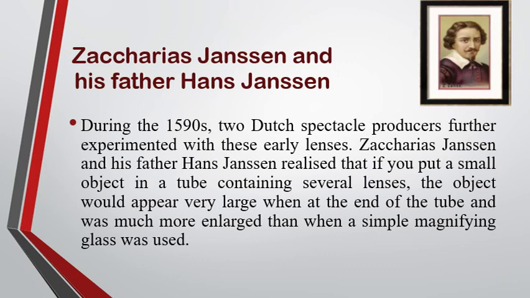So in the 1590s, a Dutch spectacle maker, Zacharias, and his father Hans Janssen. Actually, both of these are eyeglass makers, and they are the inventors of the first compound microscope.